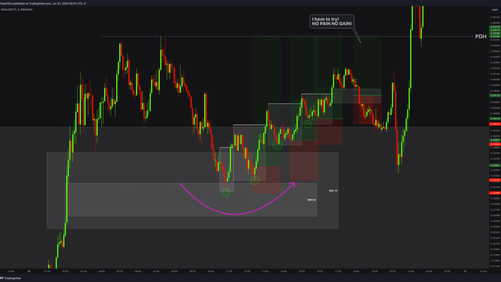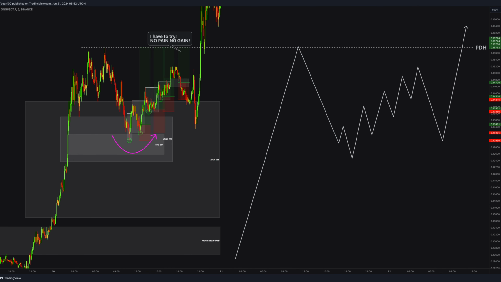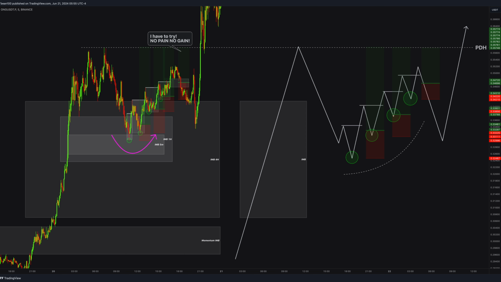Okay, let's try to understand something here. Price reacts to this very large imbalance and gains momentum towards the daily high. And you try to make entries. This is 100% correct. Nothing wrong with this. However, you forget something. Each time you place a trade, you are also creating liquidity with your stop losses. And we never know when this liquidity will be taken.